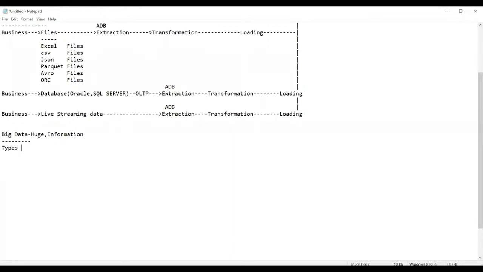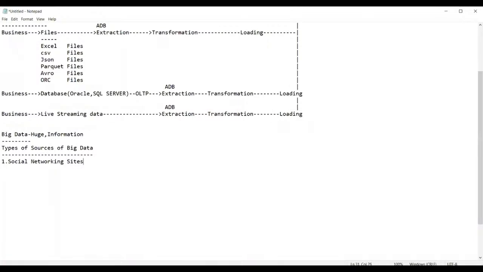Actually, types of sources of big data. Now, guys, types of sources of big data. The first one from where you can get big data is social networking sites.